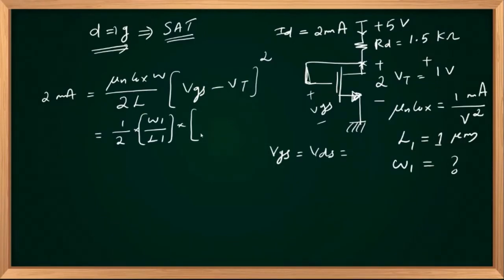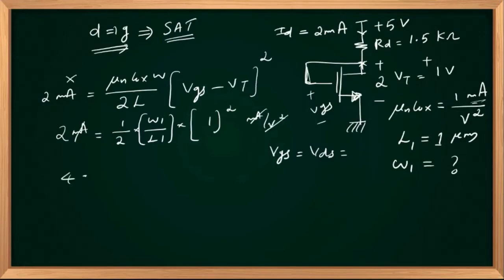VGS minus VT, VGS is 2, VT is 1, so 1 squared. And this parameter is 1 milliamps per volt square, so milli and milli will get cancelled from both sides. So 2 milliamps here, this is in milliamps per volt square. This milli will cancel each other, and the whole square will cancel each other.